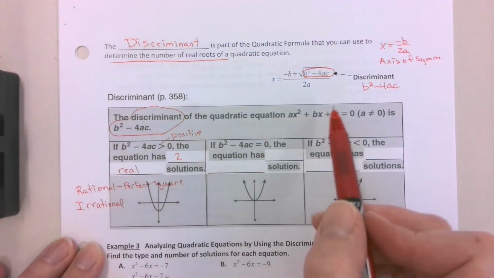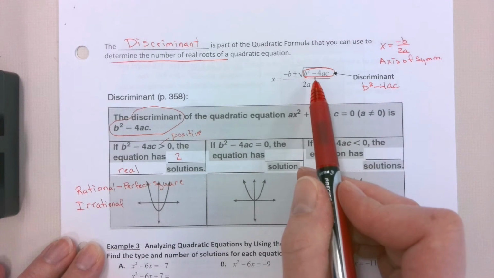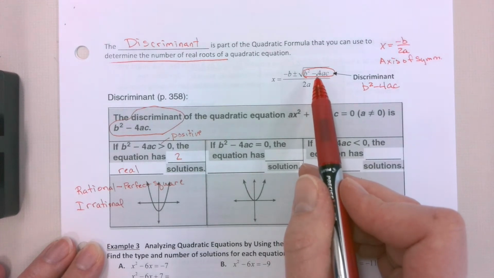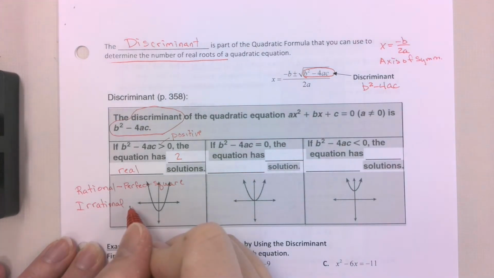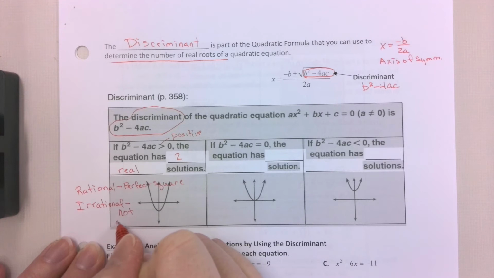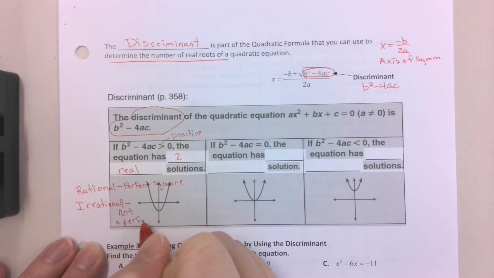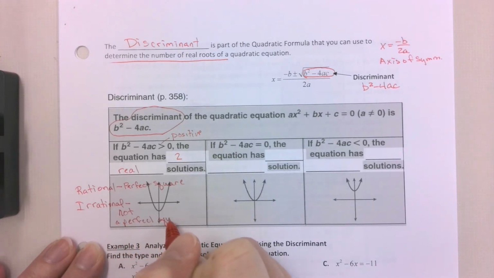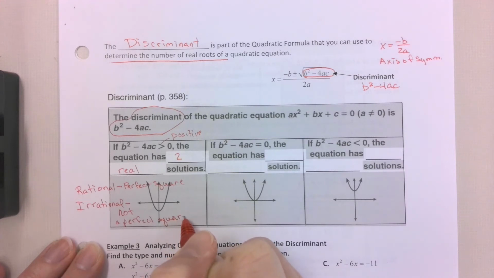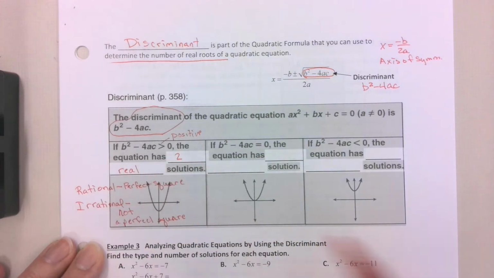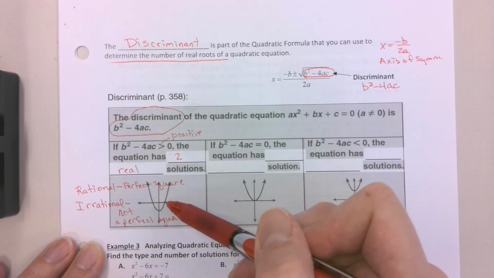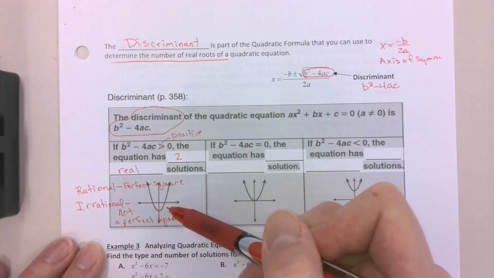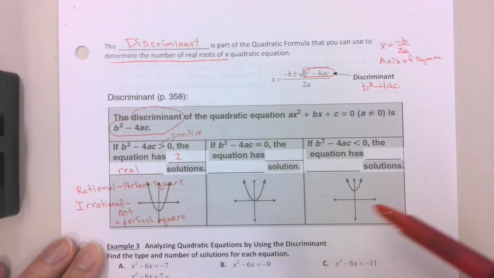If I have the square root of anything else, like a 14, a 17, a 21, then I will have an irrational answer. So if it is not a perfect square, I will have two real irrational answers. And again, if you notice, anytime I have two real solutions, I will have two x-intercepts. That is me finding x when y is 0.